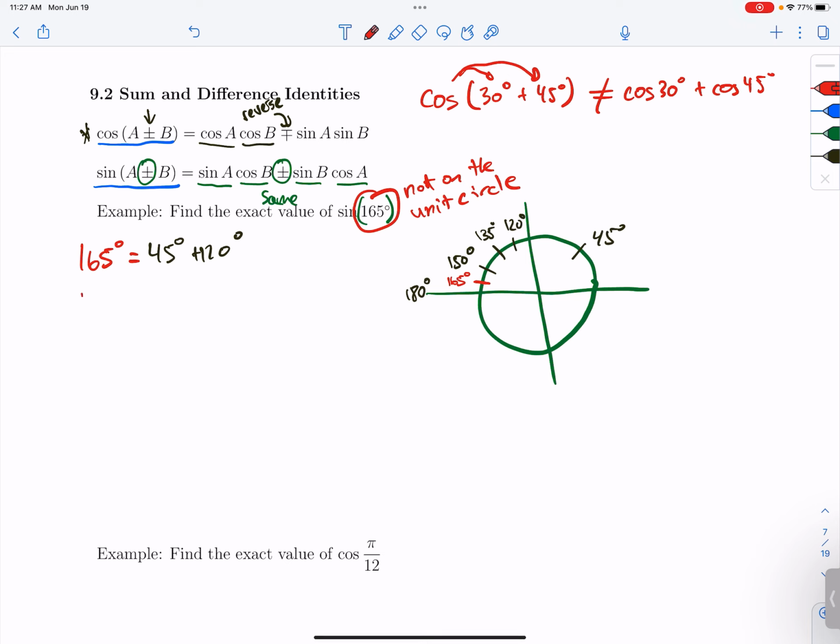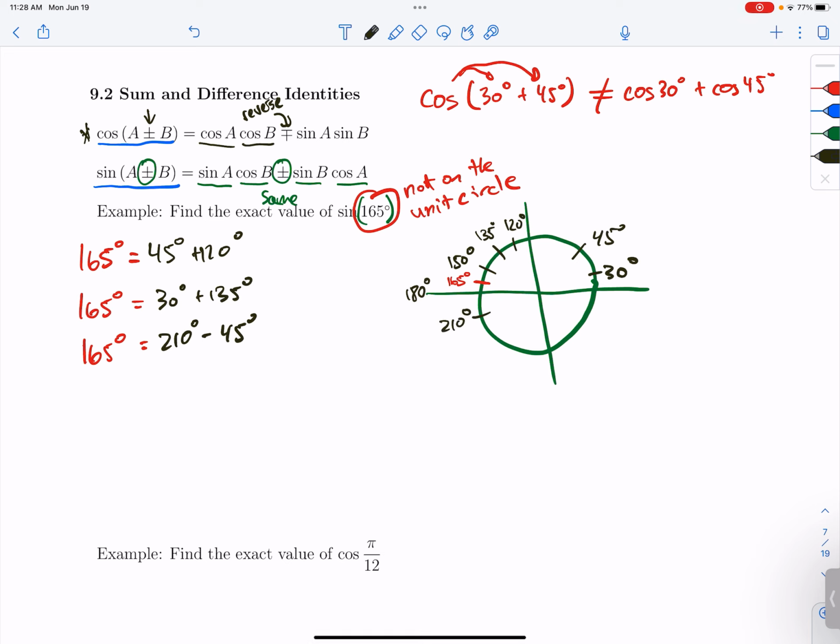Another option, let's say 30 and 135. 30 is down here. We'll do one more, and I'll come up with a difference. Maybe 210 and 45, so 210 minus 45 degrees. 210 is down here.